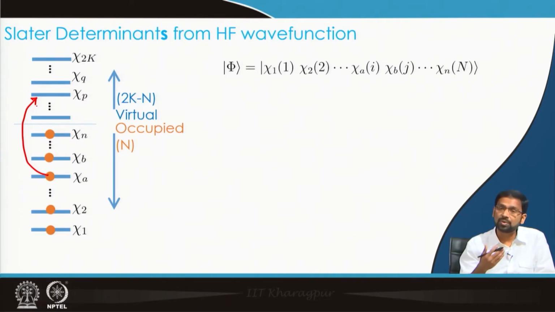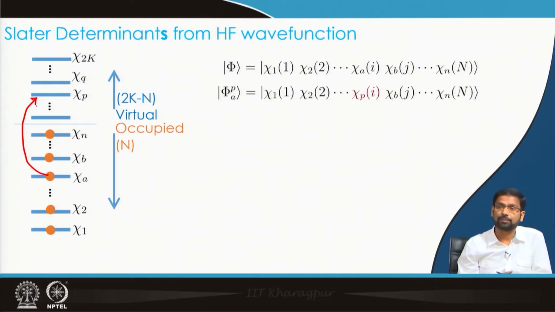It will also give me another n-electron function that I can represent in terms of a Slater determinant, which is shown here. Here all other spin orbitals remain the same, except for the fact that the electron i from chi a spin orbital has gone to chi p. Now, this new Slater determinant I am representing as phi a p. That means the electron has gone from the a to the p spin orbital.